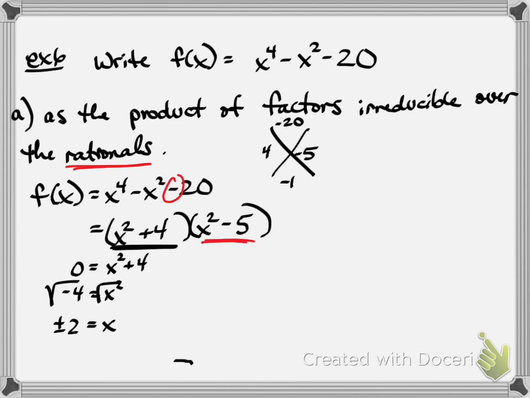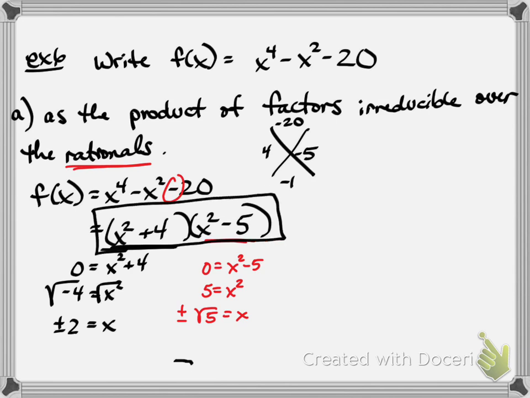This one, we set it equal to 0, and we solve. Plus or minus square root of 5. That's not rational either. So the furthest we can go to leave this irreducible over the rationals is this form right here. This would be our answer.